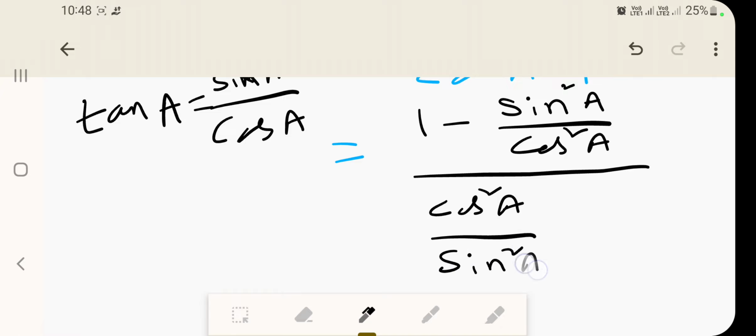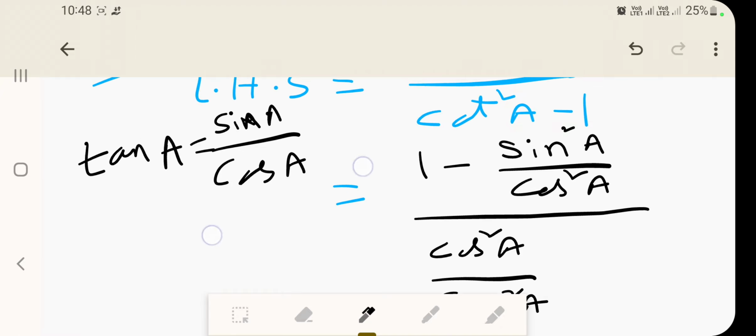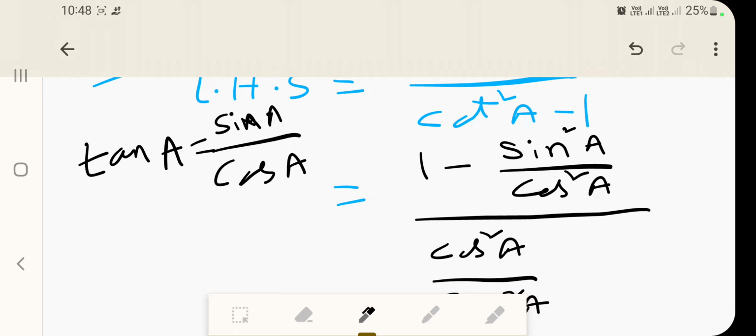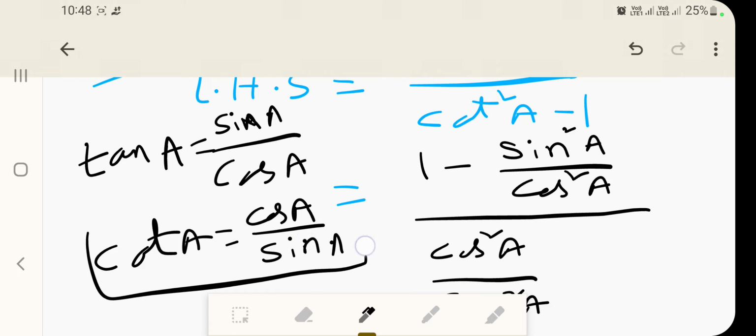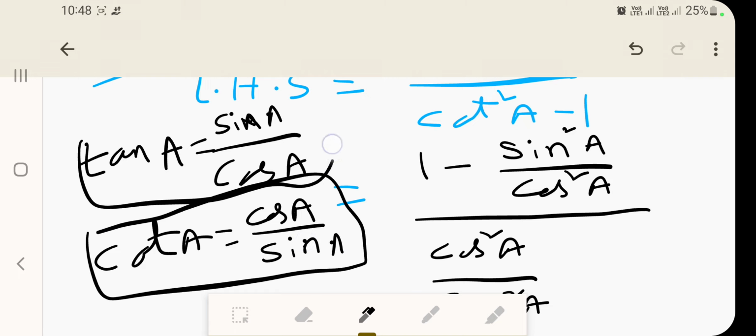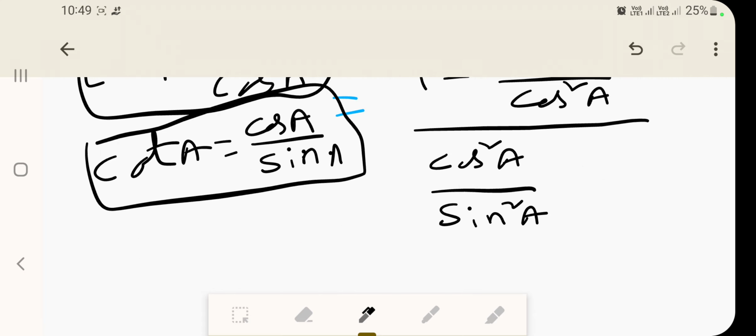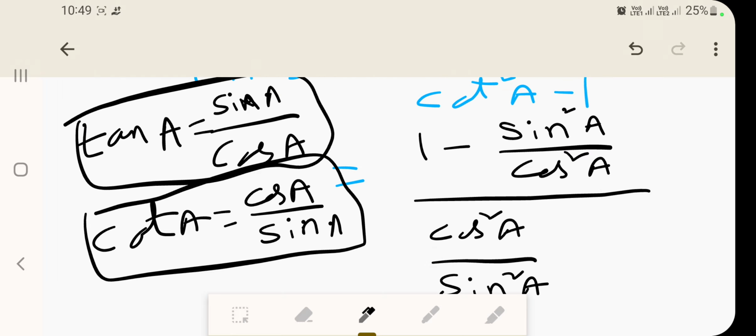Just before the problems we have seen, tan A is written as sin by cos, and cot A can be written as cos by sin. You have to memorize these relations. And what is the relation between tan and cot?